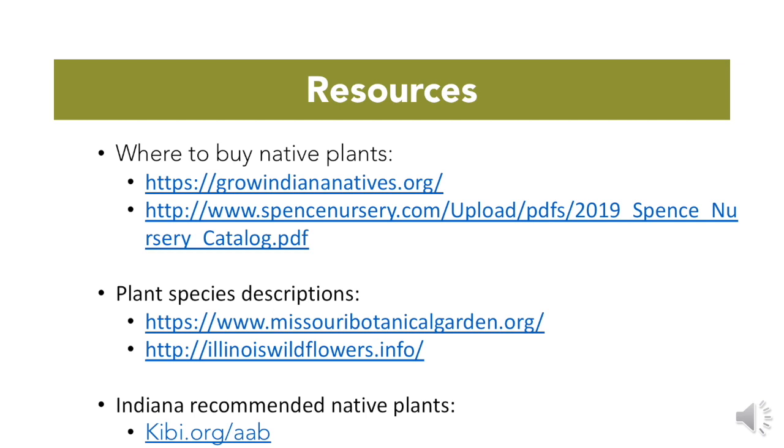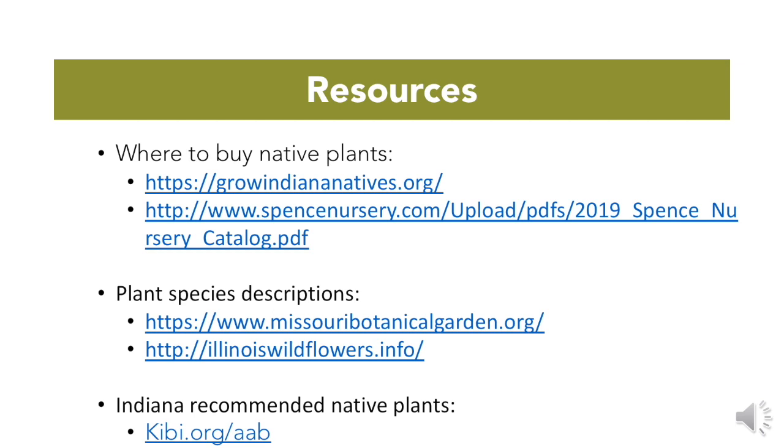And IllinoisWildflowers.info does the same, but goes into much greater detail. So if you really want to learn a lot about the native plants that you are researching, I'd recommend going there. It's also a website that will tell you what animals and insects these native plants attract and what you might be attracting to your property.